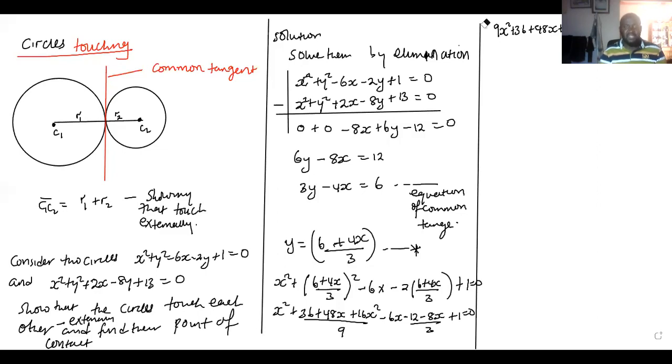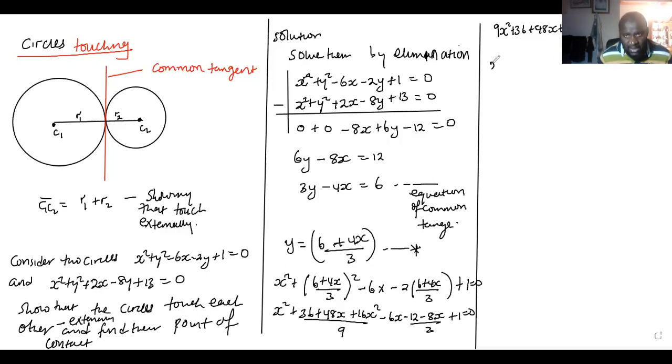The LCM of 3 and 9 is 9, so when you divide 9 by 3, you get 3. So 3 times 12, you get negative 36, minus 24x plus 9 is 0.